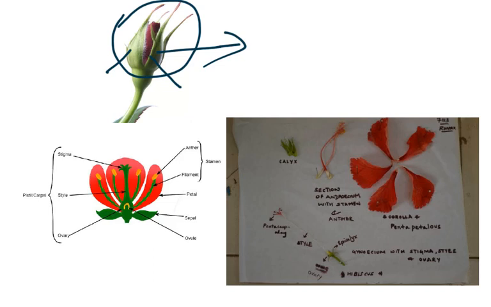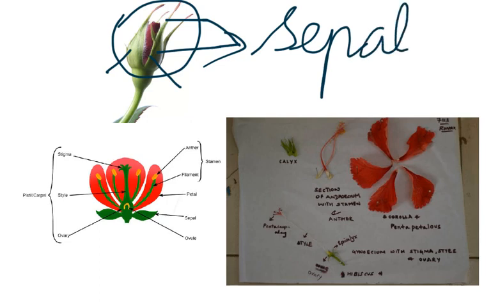Each of these green structures present as an outermost layer is called sepal.